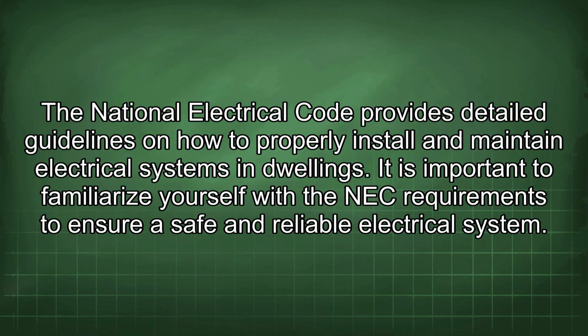The National Electrical Code provides detailed guidelines on how to properly install and maintain electrical systems in dwellings. It is important to familiarize yourself with the NEC requirements to ensure a safe and reliable electrical system.